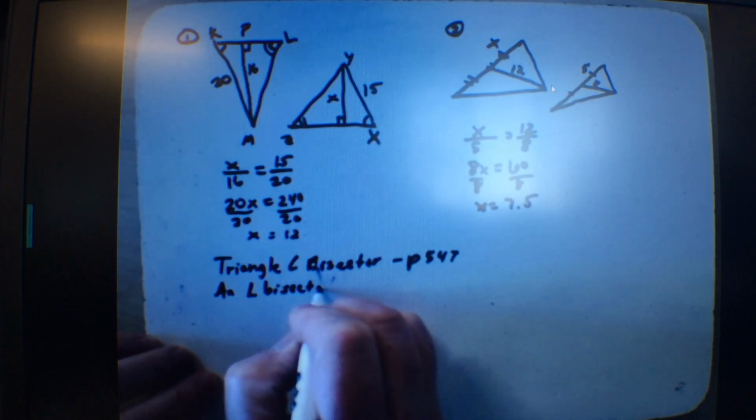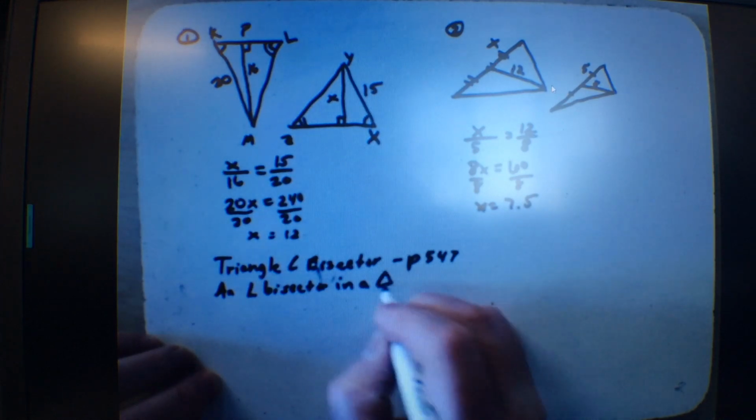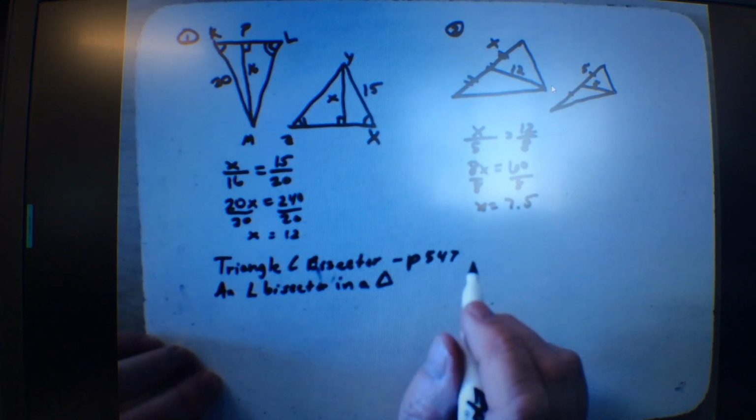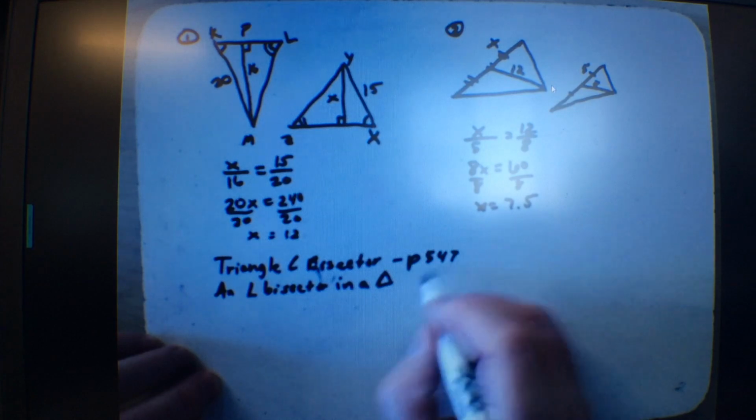Okay, and it says an angle bisector in a triangle. How many angle bisectors do we have in a triangle? 3. All right, 3.